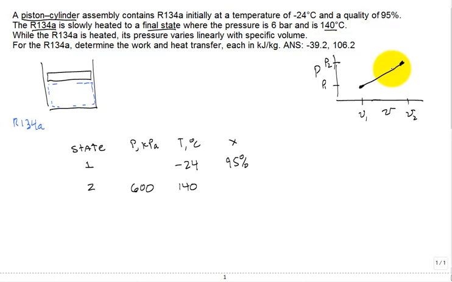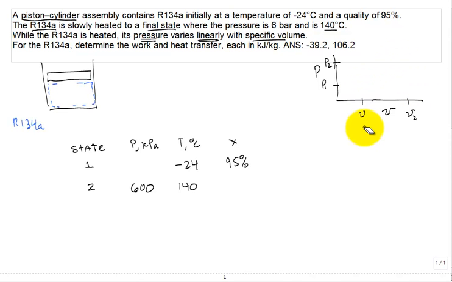It would be a linearly varying pressure as a function of the specific volume. This would be one where the pressure is going up and the specific volume is increasing. A lot of times that doesn't happen. As the pressure goes up, the specific volume decreases.